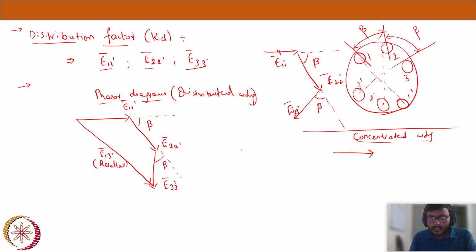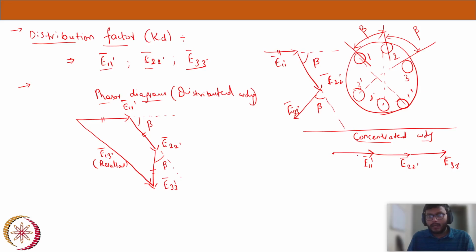You have to keep in mind that these are all of equal length because equal distribution will be there. These three are of the same length. Now if you see the concentrated winding, E11 dash, E22 dash and E33 dash will be in the same phase. We call these phasors co-phasors.